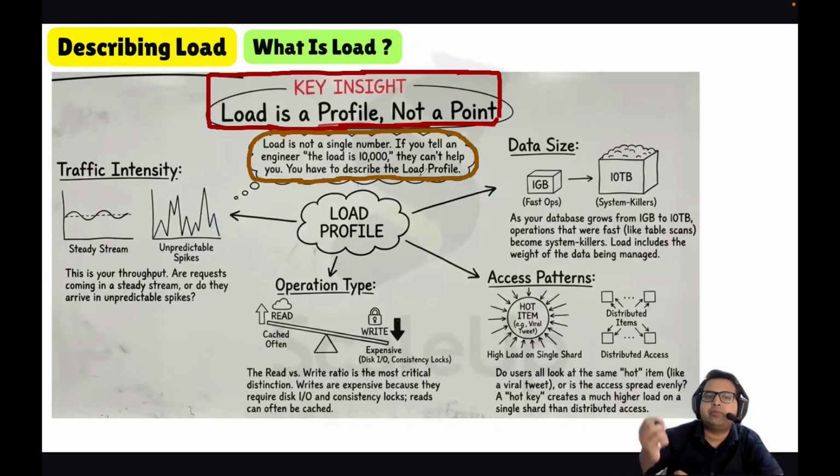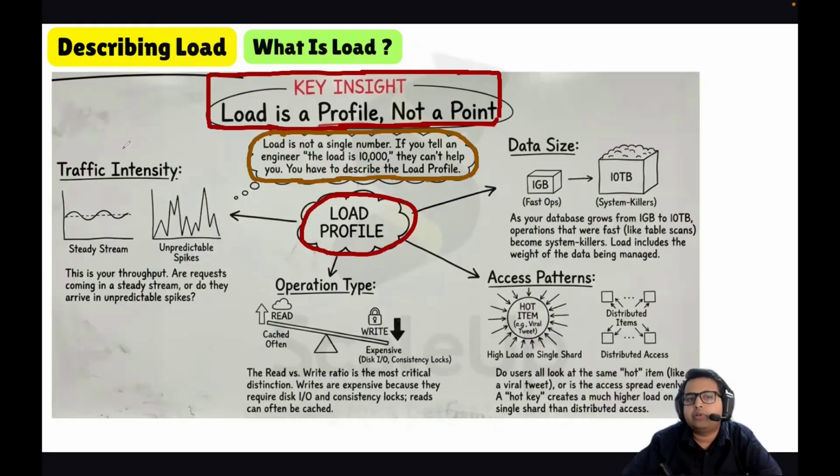Load is not just a number like load is 10,000. It is a vague statement. So load is a profile, and you have to describe the load profile. You have to tell about the traffic intensity, which is like the throughput. Are requests coming in a steady stream, or do they arrive in unpredictable spikes?